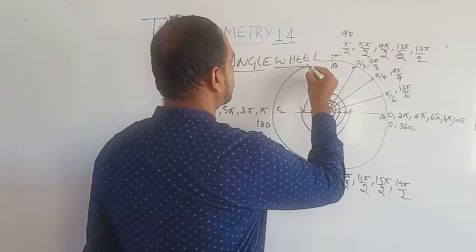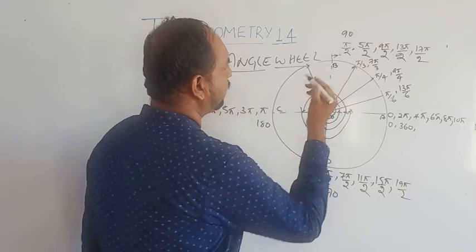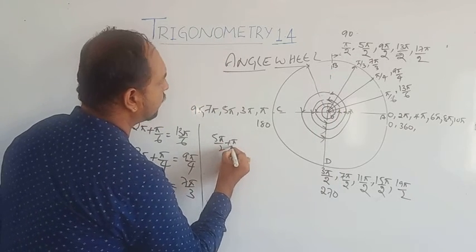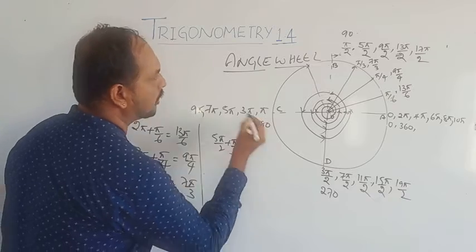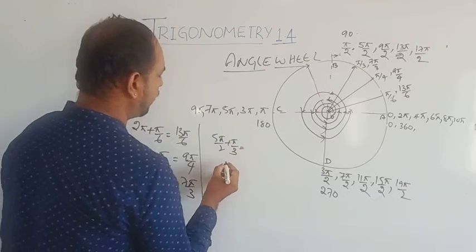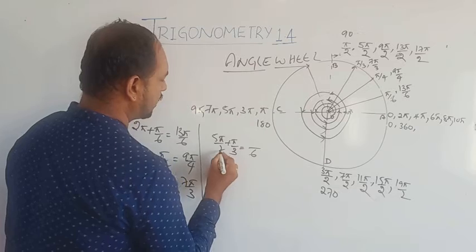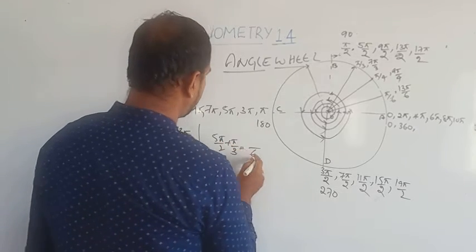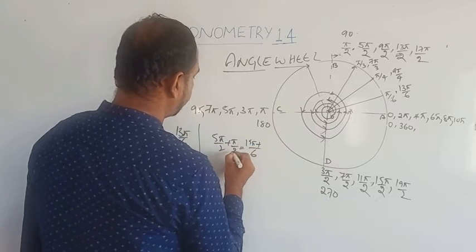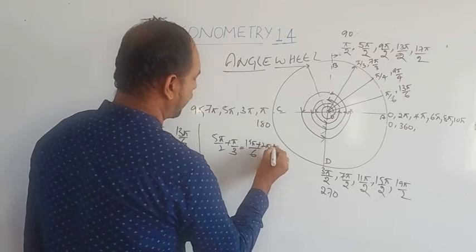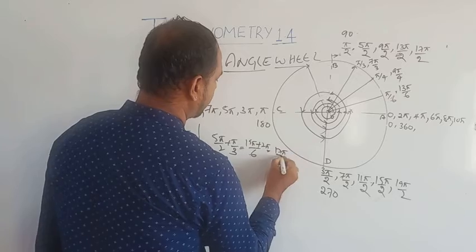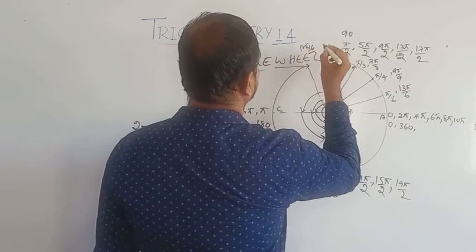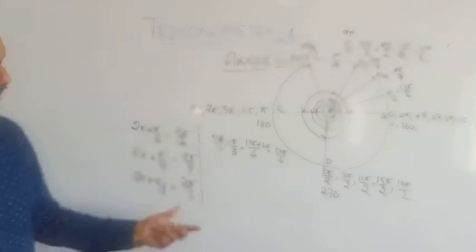So if you want this angle, 5 pi by 2 plus 30 degree you add, so that will be 2 3s are 6, 15 pi plus 2 pi, so 17 pi by 6. You can remember like this.